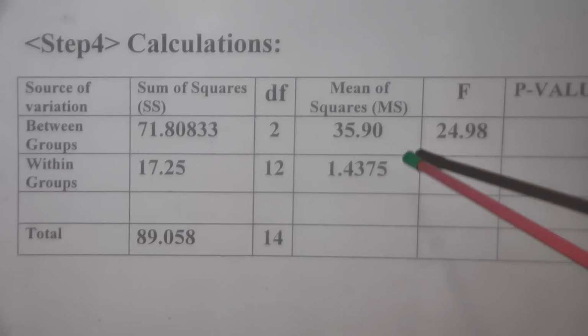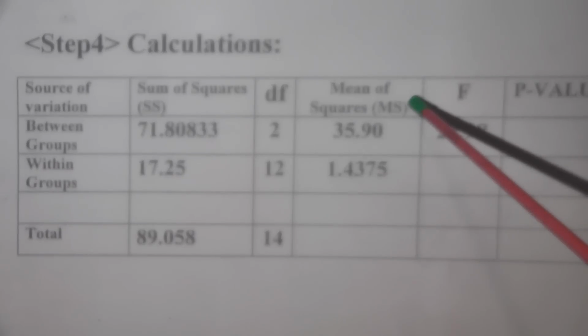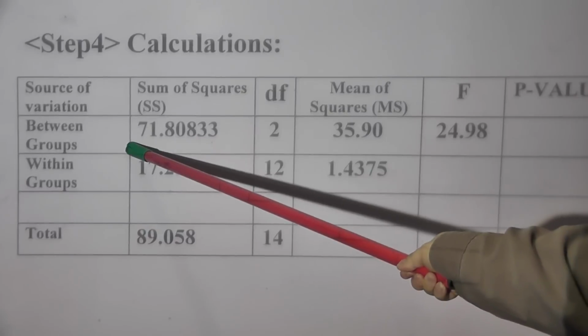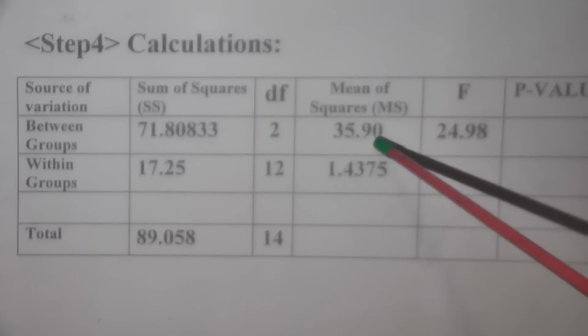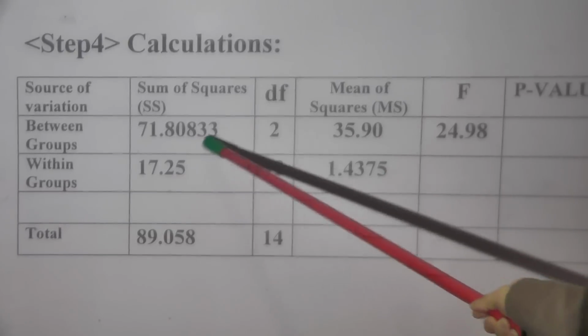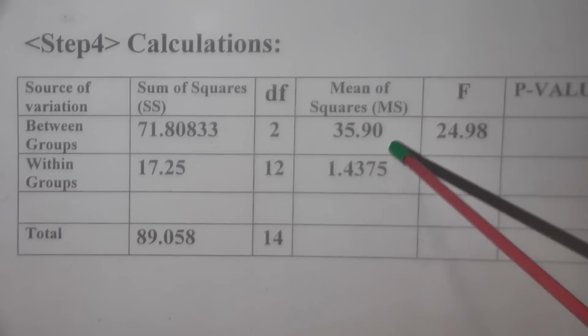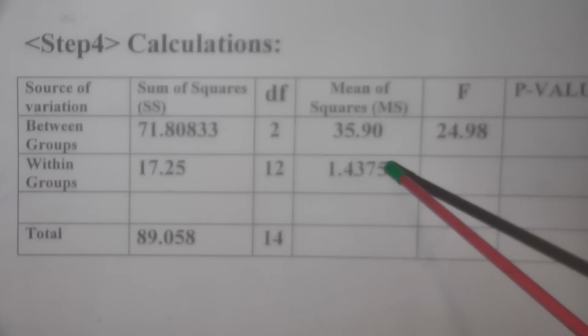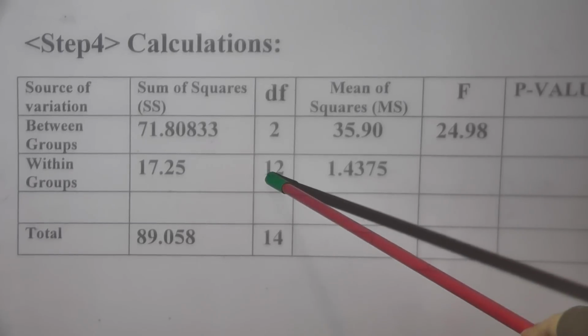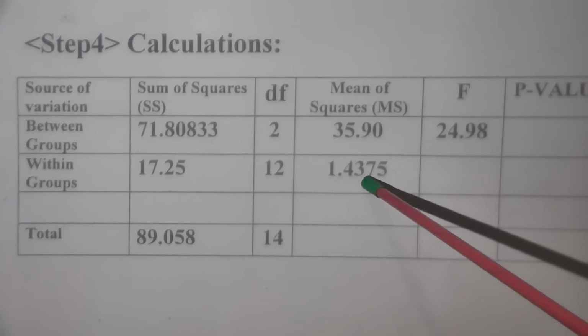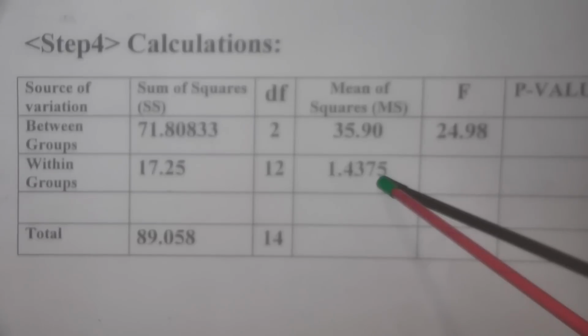Okay? And mean squares, MS, is sum of squares, 71.8 divided by 2, give me 35.9. And mean square within the group is SSE, which is 17.25 divided by 12, that is 1.4375, okay?